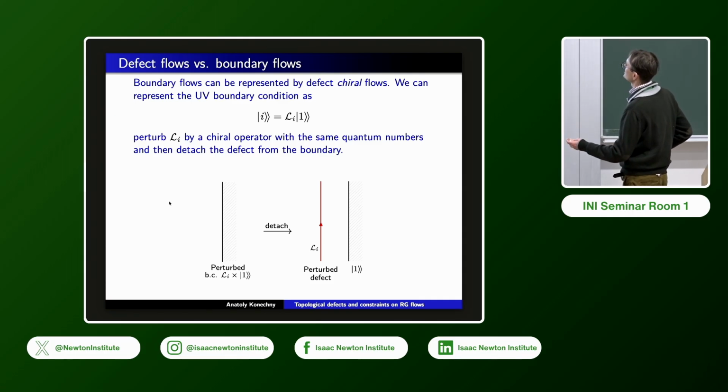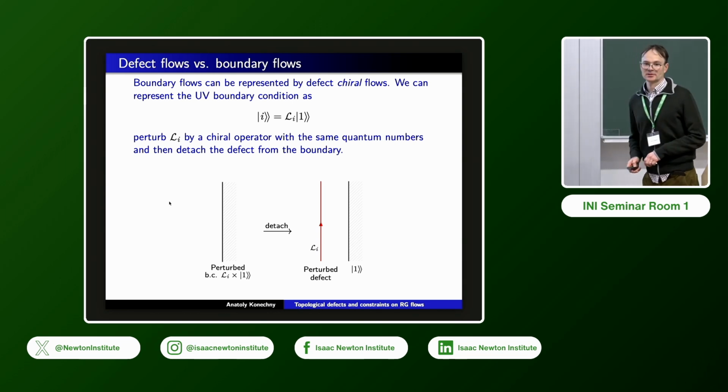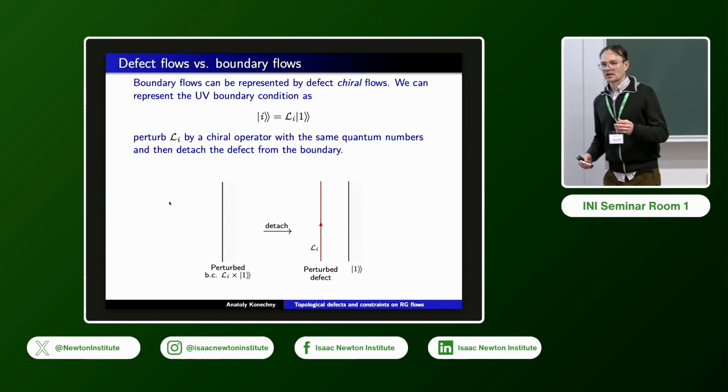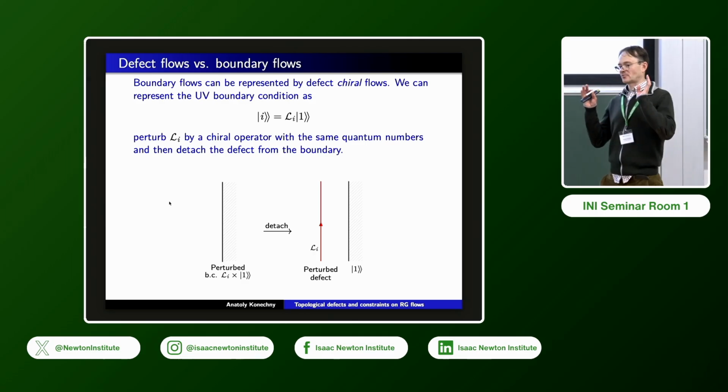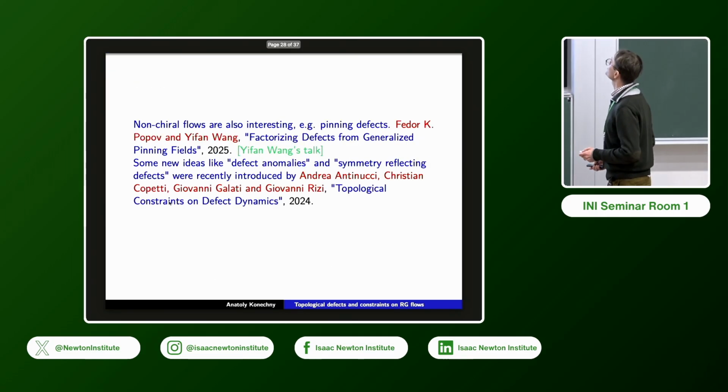So we can detach it from this special identity boundary condition and look instead at the perturbed defect, but the defect will be perturbed by a chiral operator. So essentially, chiral perturbed defect flows are the same as boundary flows.